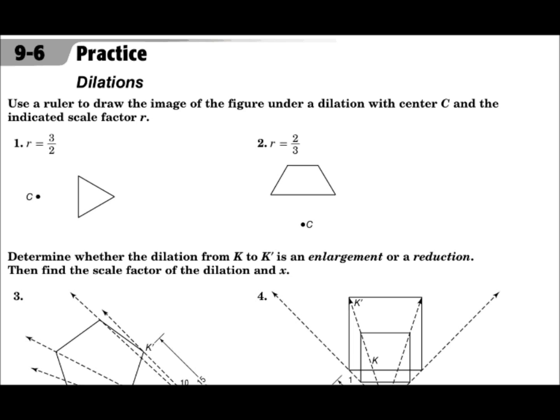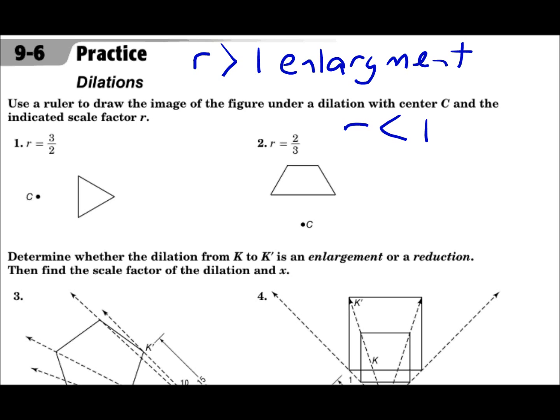The scale factor is how many times the size of the original that the image will be. The scale factor is R. If R is greater than 1, it will be an enlargement. If R is less than 1, it will be a reduction.